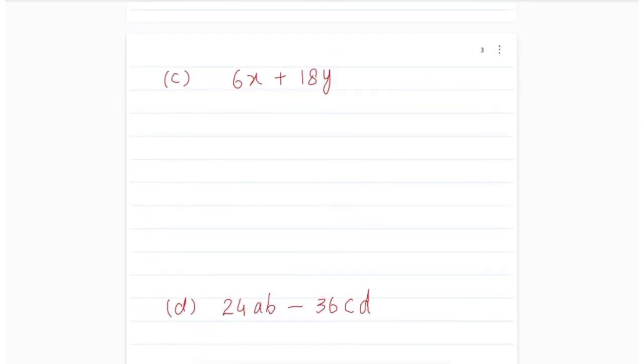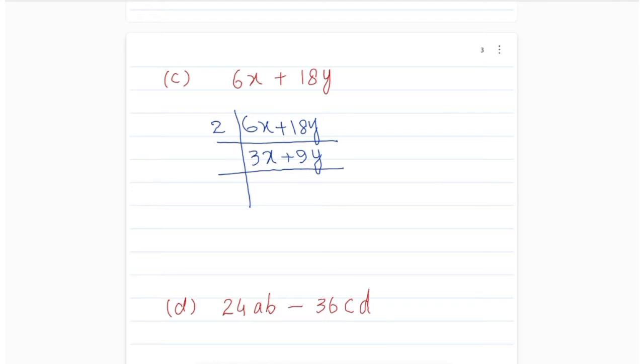Now come to the next question. There is 6x plus 18y, and we are factorizing using the same HCF method. So we'll be looking for 2. Yes, 2 is a common divisor, so we'll be dividing by 2. Previously we had done 2 3s are 6 and x, plus 2 9s are 18 and then y. Still we can see that there is a common divisor for both 3 and 9, which is 3.